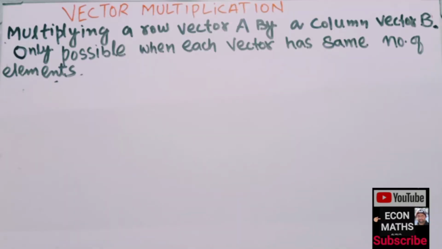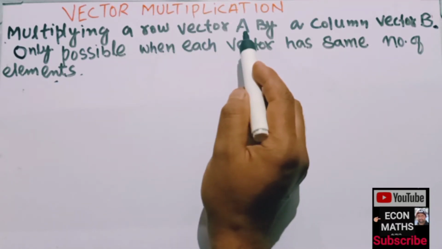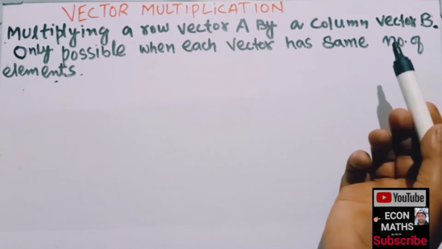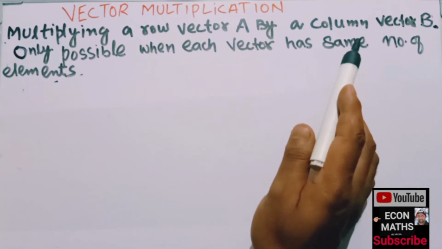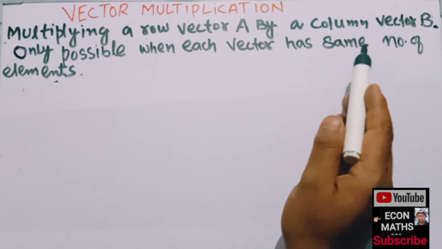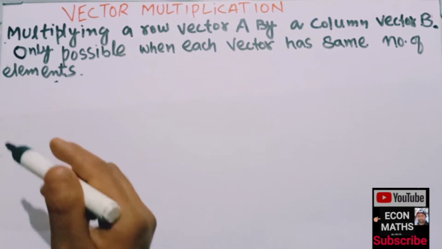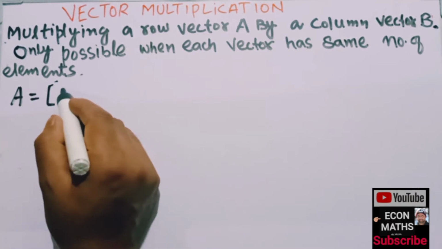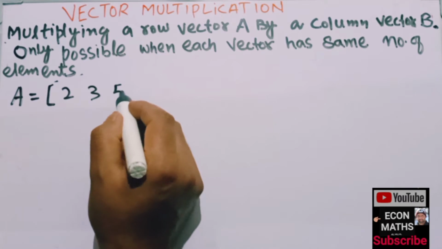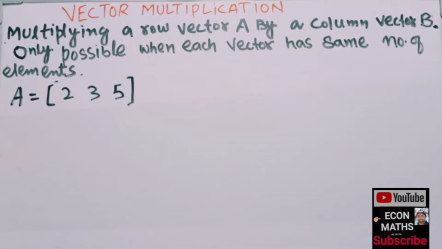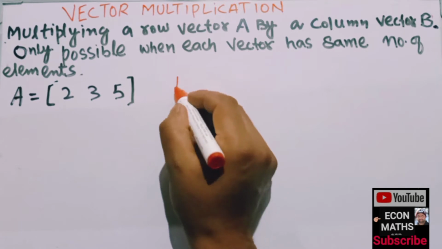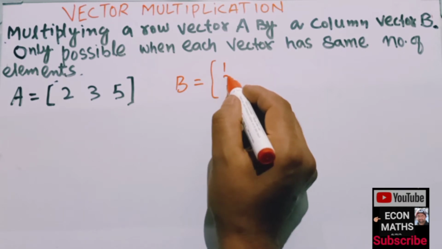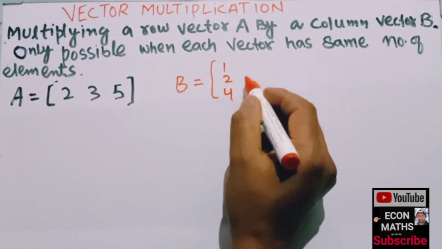Now vector multiplication means multiplying a row vector A by a column vector B, that is multiplying a row vector by a column vector. Now this multiplication is only possible when each vector has the same number of elements. That is, if I have a row vector A equal to 2, 3, 5, and I have another column vector B equal to 1, 2, and 4.